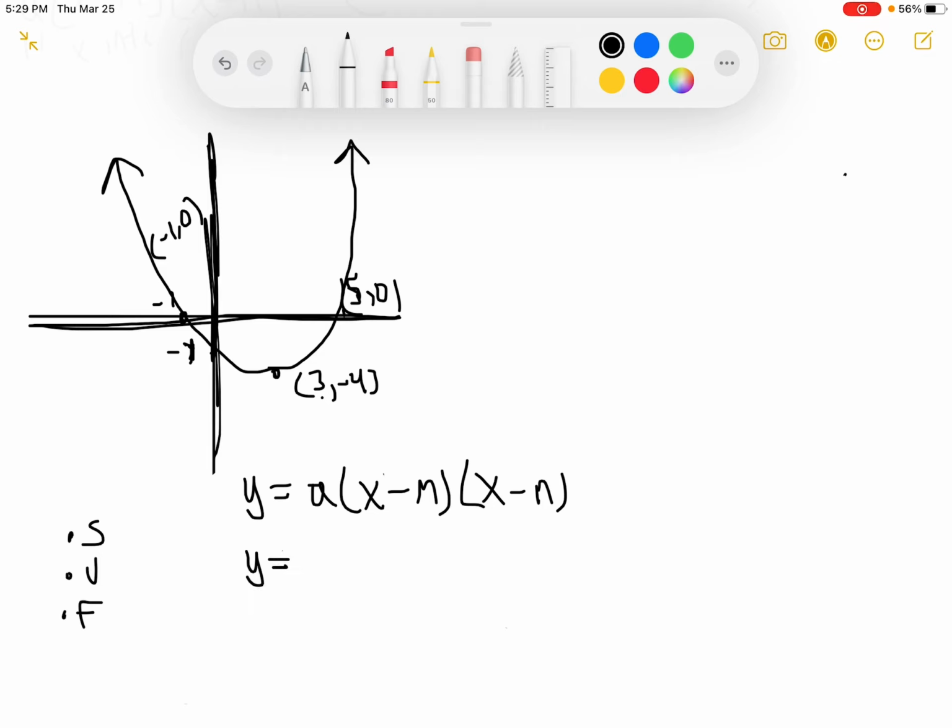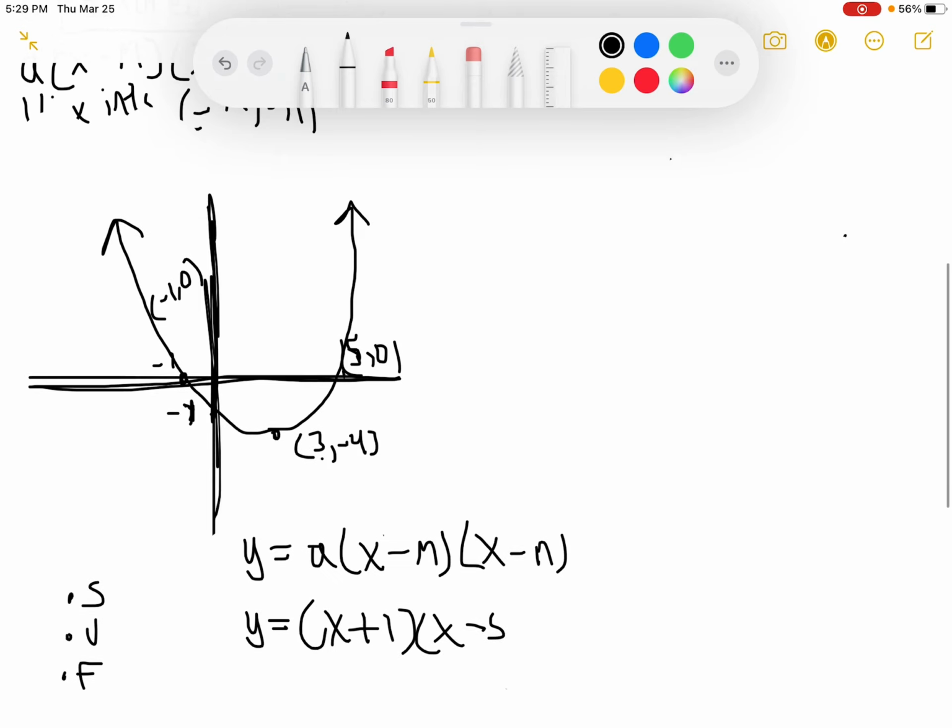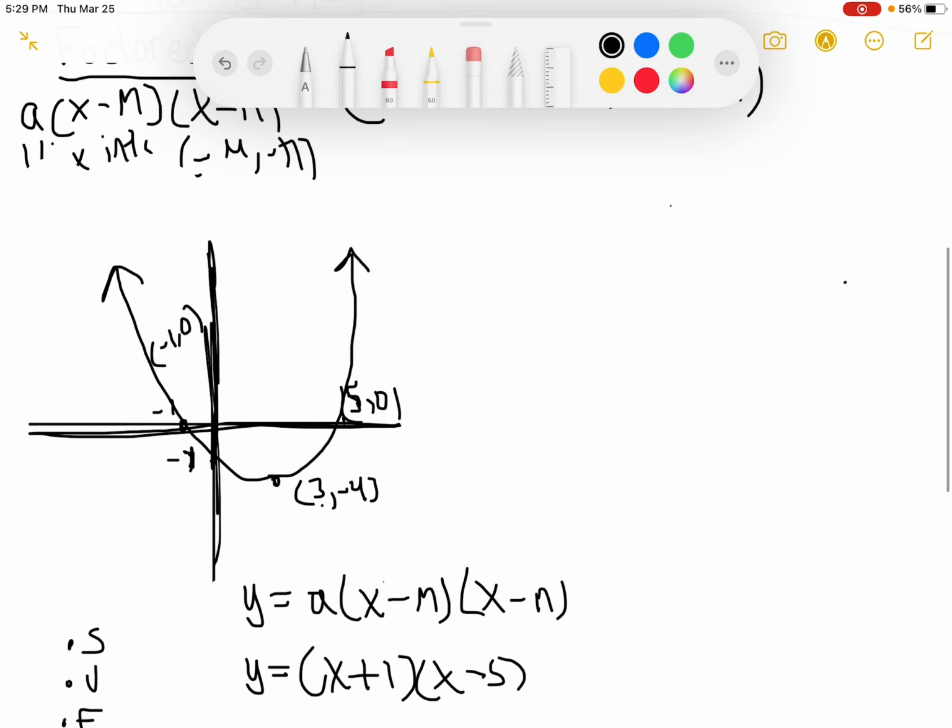So that means positive for this one and negative for this one. So a, we already knew that was 1 for the vertex form, but you would have to do the same thing that we just did to find a if we didn't know it, so we'll just not put anything there. X, we changed the sign, so it's +1 times x minus 5, because we changed the sign of that one too. So that is what it would be in factored form.